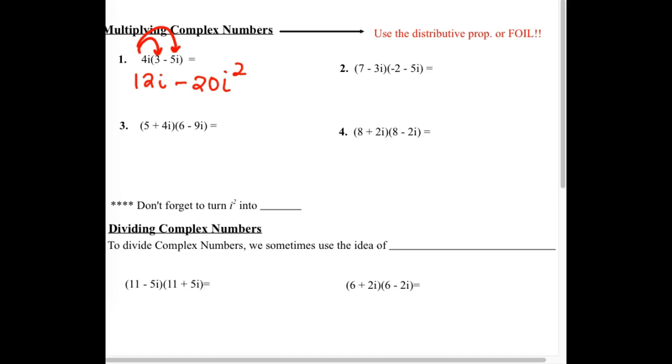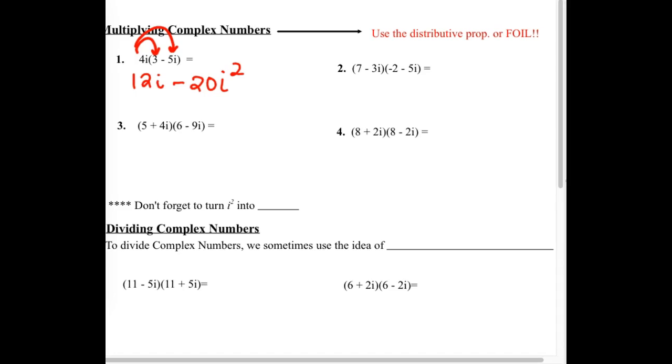But what did we define i squared to be? So if i squared is negative 1, this really turns into a positive 20. Standard form says the real part goes first, so the positive 20 would be first, and then the imaginary part, the 12i, would be second.